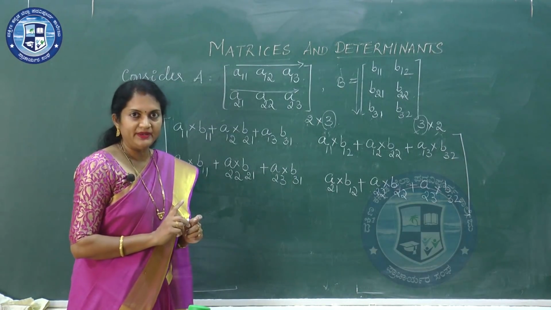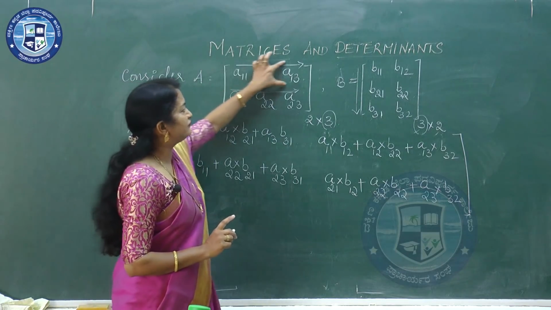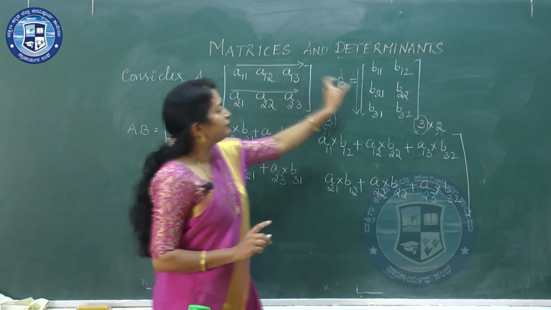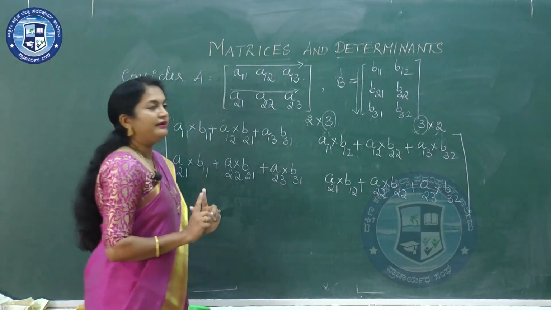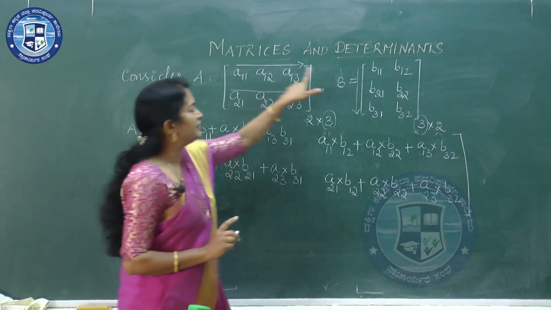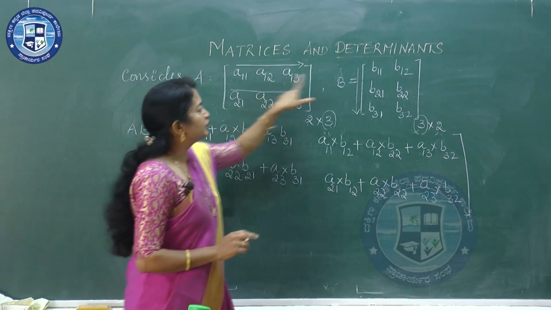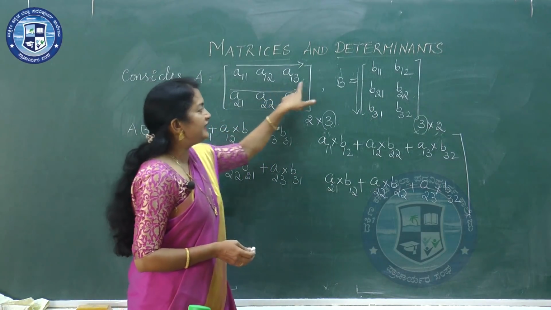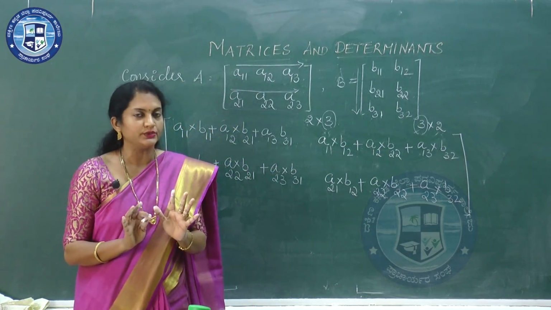While doing the multiplication, first always we will be choosing the first row of the first matrix and first column of the first matrix. Then remember, you will not be writing A11 B11 as one element and A12 into B21 as another element and A13 and B31 as the third element. We are not going to write.